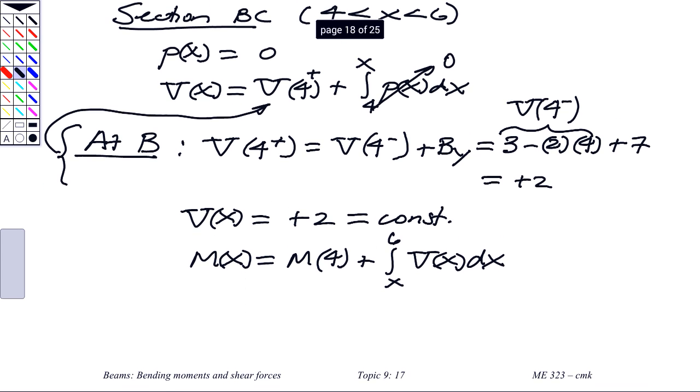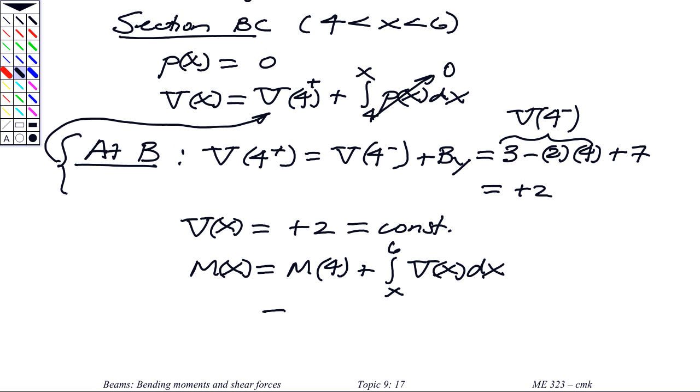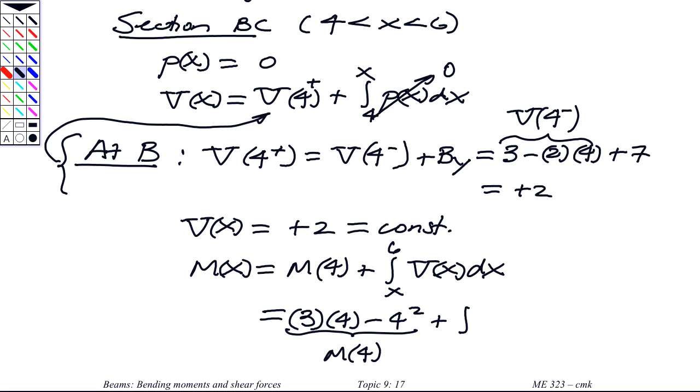We know that M at 4 is equal to 3 times 4 minus 4 squared. This is what we got from the last result. And on this side, we have integration from 4 to x of the constant value there of 2. And so when we do all the calculations, we end up with minus 12 plus 2x. And the great thing about this is it's the same thing that our FBD approach gave.